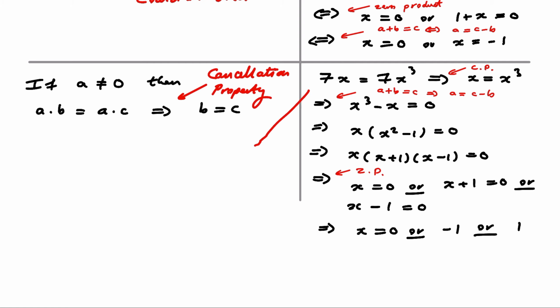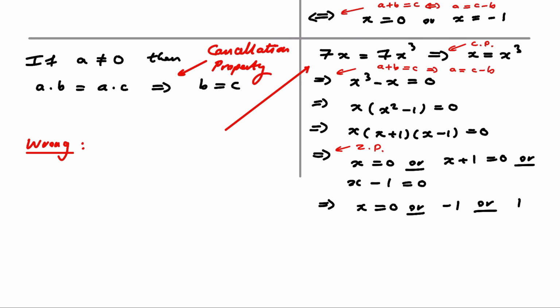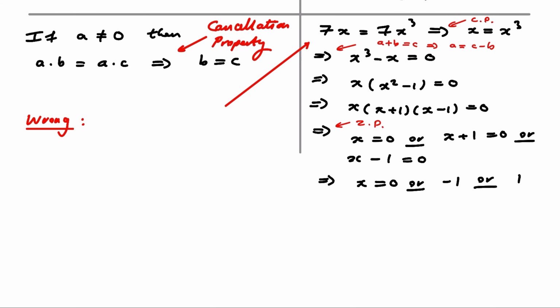So what I'm going to describe here is wrong. So let me explain something that's incorrect. Something that you could do, or it maybe looks like you could do, would be: 7x is equal to 7x cubed.